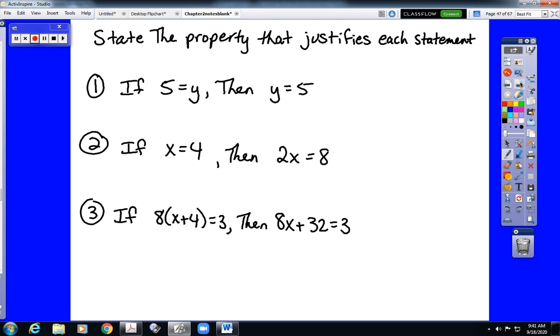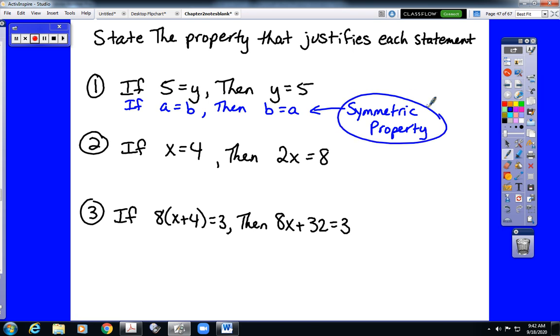So in statement 1, you should notice that it says if A equals B, then B equals A. That is the symmetric property of equality. We are switching the left and the right sides of the equation.